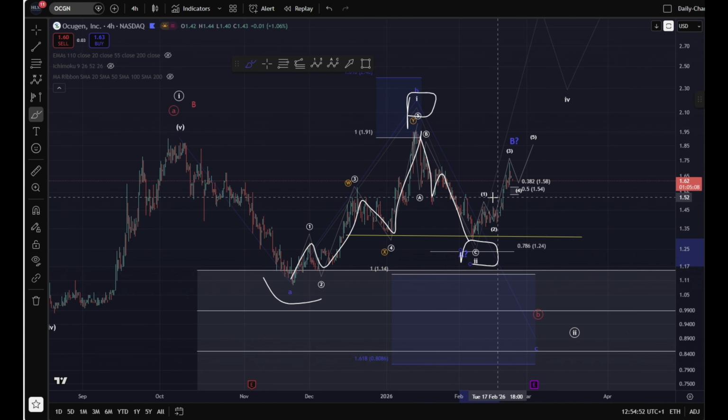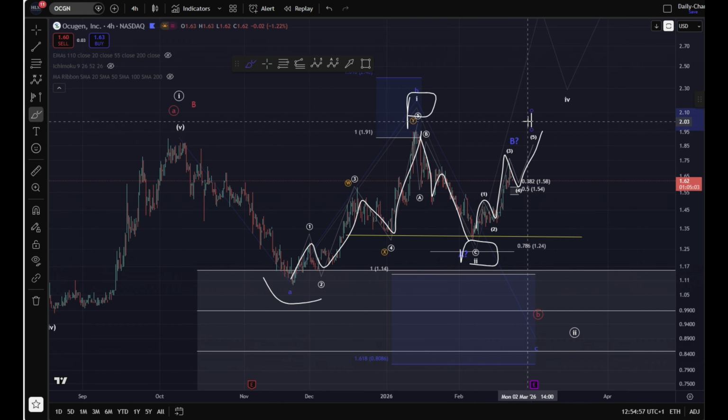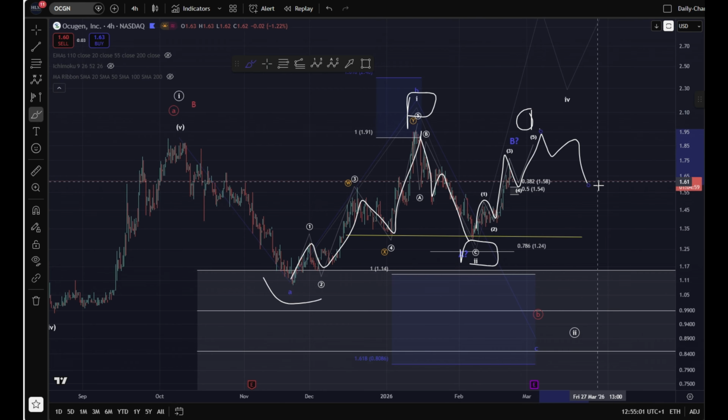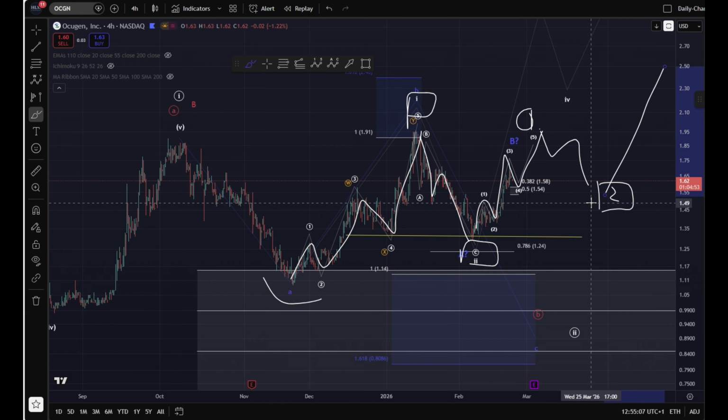Now the question is, can we form 5 waves again, 1, 2, 3, 4, 5, in again a larger wave 1, and then we would look for another 3-wave structure into the second wave, and then we can trade the third wave of the third wave to the upside.